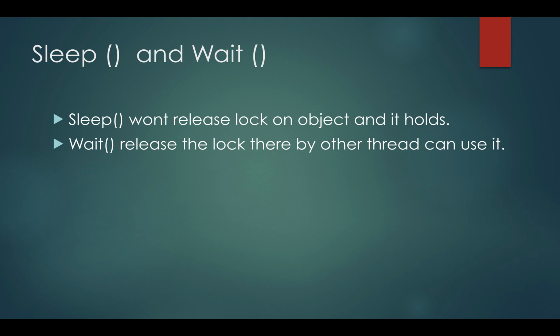Okay, it's going to hold. But with wait, the difference is that it is going to release that object. So the object is available for other threads or processes to process it. It won't lock the process. So this is the main difference.